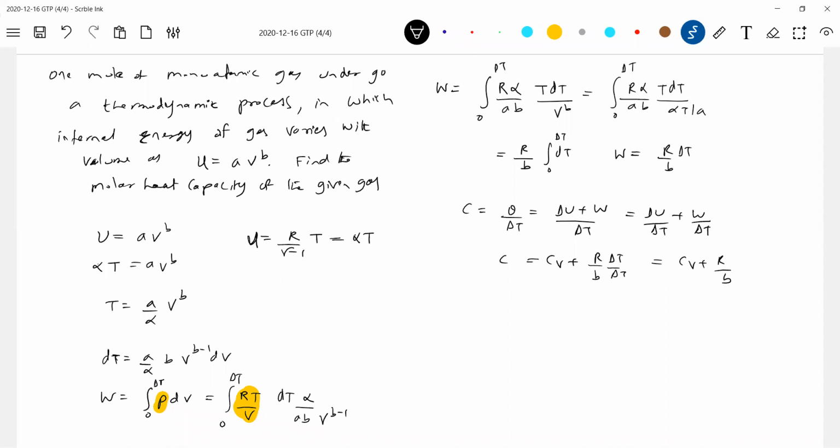Here also, B you can make negative, positive, whatever you can change. As you change the value of B, let B equal to 0. What do we get? A and B are constants here.